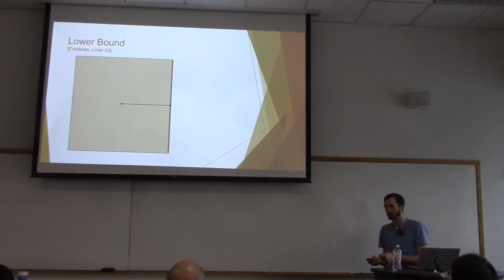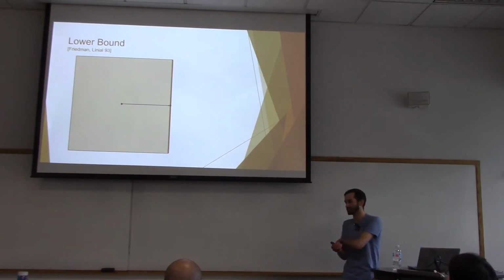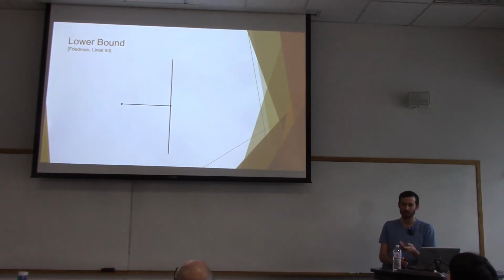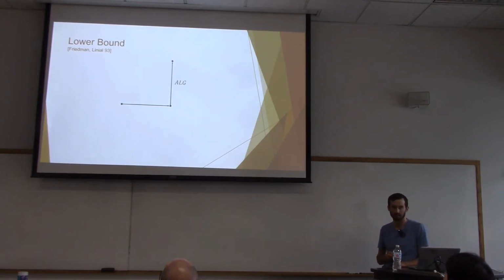If I try to go to one side or the other, then in the future I'll just be given things that are opposite the side that I chose, and I'll end up having paid more for having tried to cheat to one side. So I just project, and then in the next step I'll get a face of 1 dimension lower, which in this case is a point. And for 2 dimensions, the algorithm played the 2 sides of an isosceles right triangle.